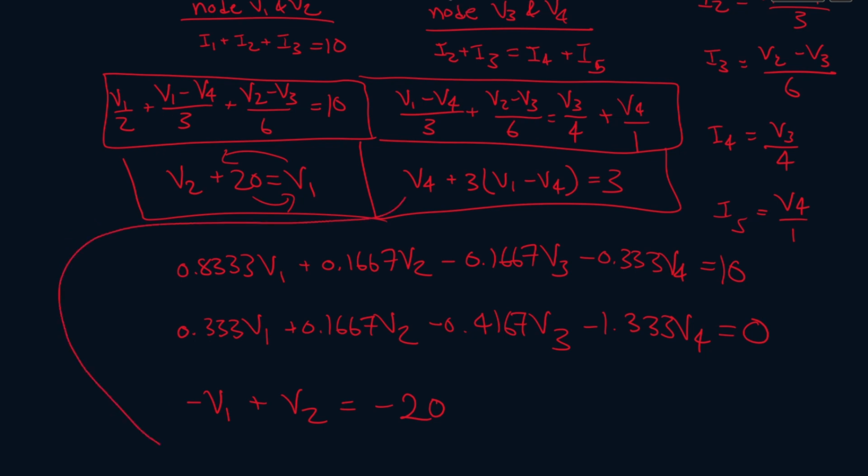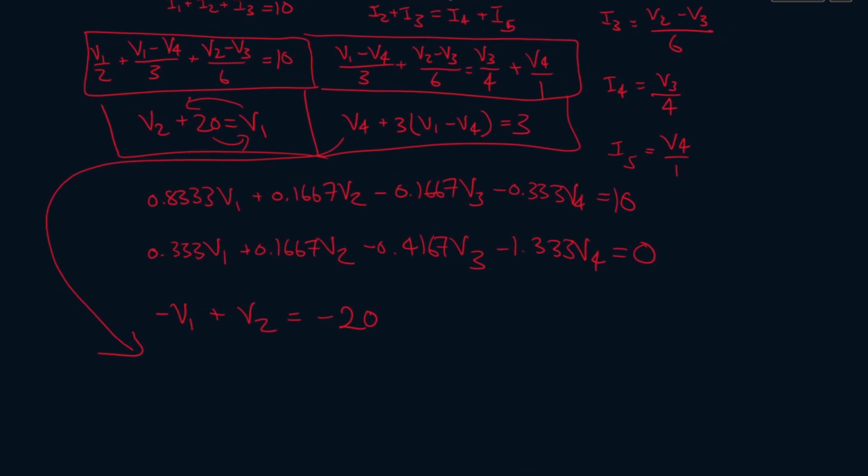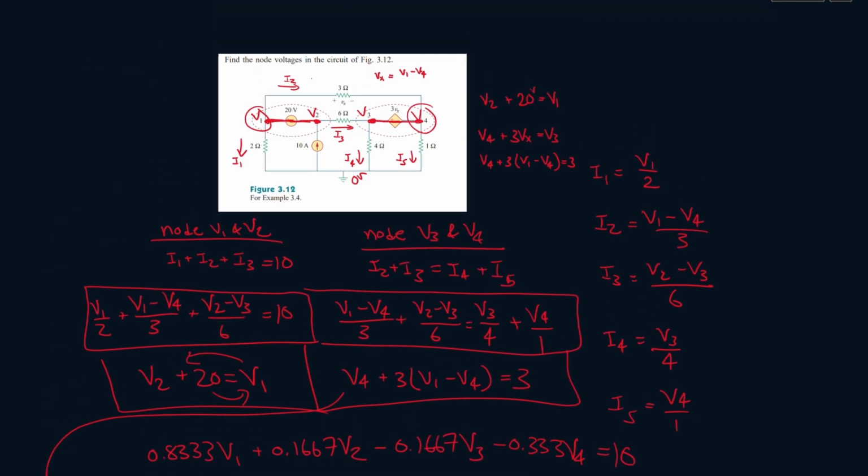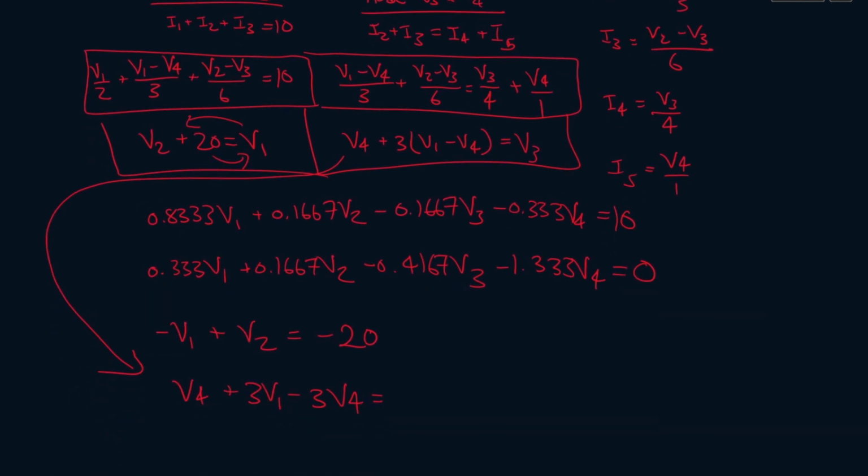Now for the last one, let's bring it down here. So it's V4 plus 3V1 minus 3V4 equals, I realized I made a mistake. It's supposed to be V3 here, not 3. My apologies. Because Vx was V1 minus V4, and all of this is equal to V3. We see there are two like terms here: V4 minus 3V4, so that's minus 2V4.